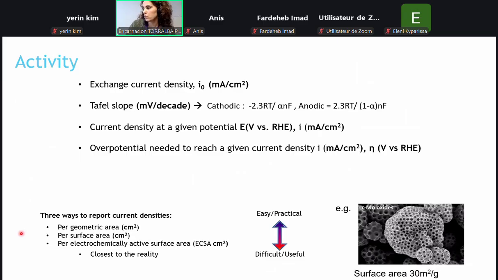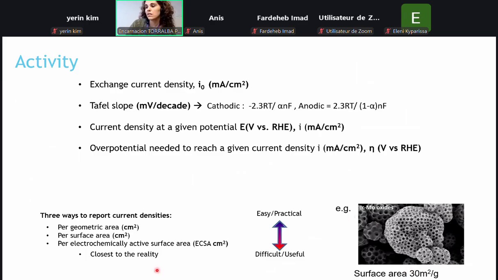For this, you need to know the porosity. For example, here you see I have 30 square meters per gram for this kind of iridium molybdenum oxide. It's really a huge surface area.